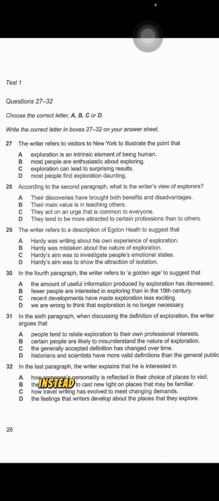Instead, once you've scanned these keywords, read that part and eliminate the obviously wrong options first and choose the right option on the basis of what is said in the text. The answer is usually given using synonyms of the keywords given in the question.